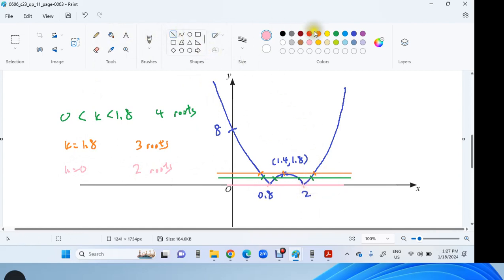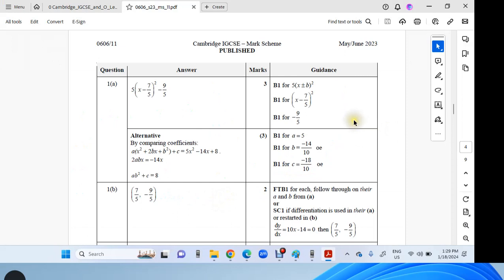As well as if k is greater than 1.8, then we have 2 roots as well. Okay, and this is the scheme: 5(x − 7/5)² − 9/5.